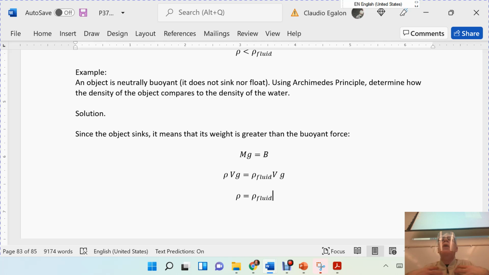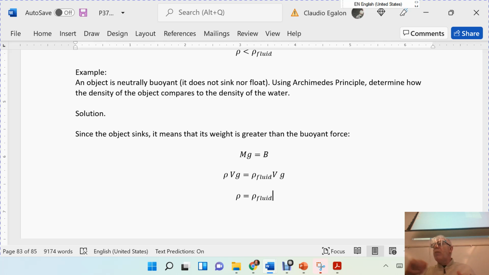When I breathe in air, fully inflate my lungs, my density becomes lower because I have lots of air there inside. When I expel the air, my overall density increases because I don't have air in my lungs anymore.